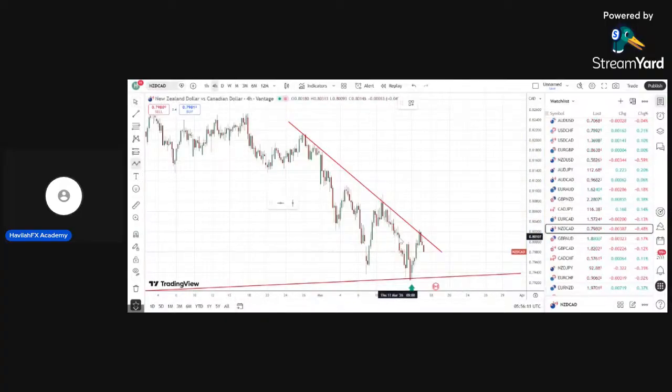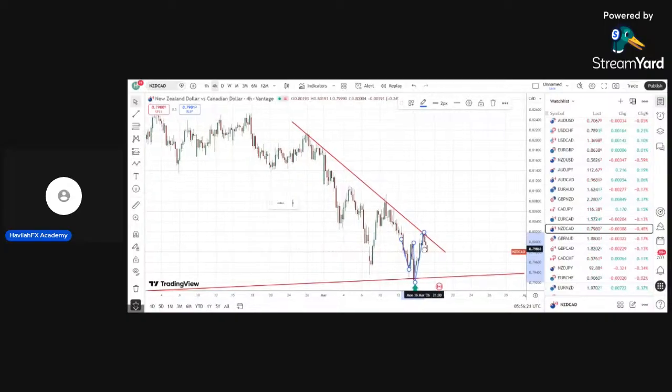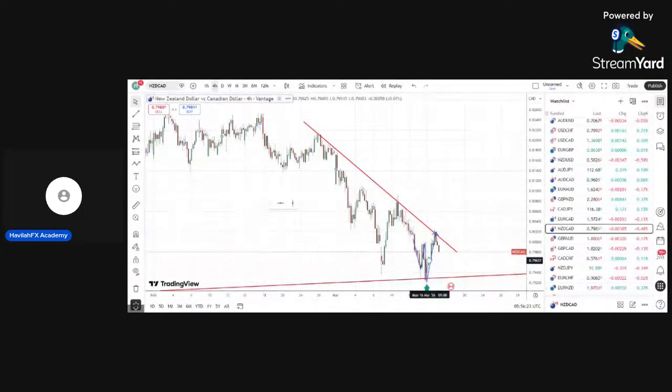All right. So I'm still seeing an inverse head and shoulder breakout.